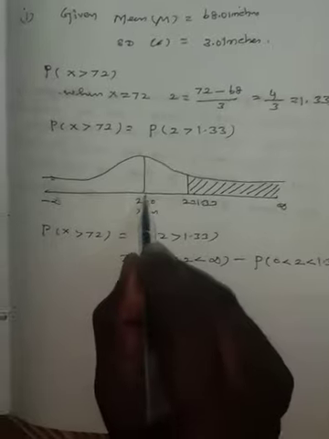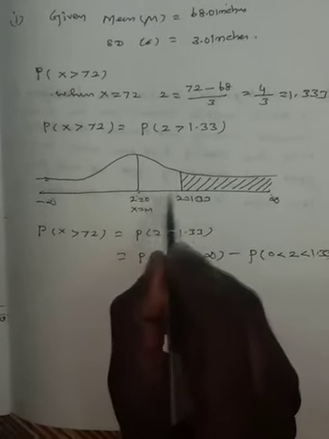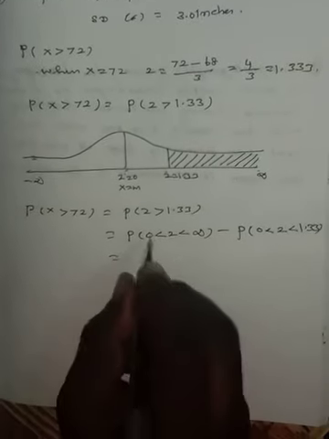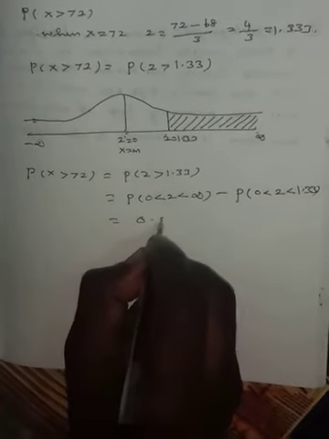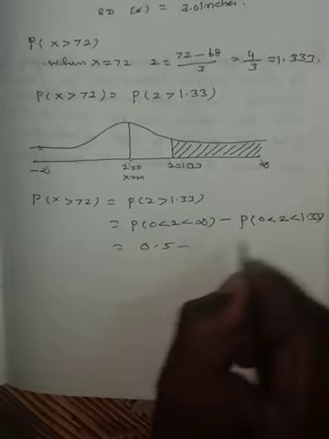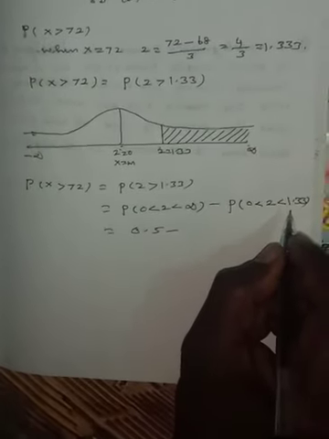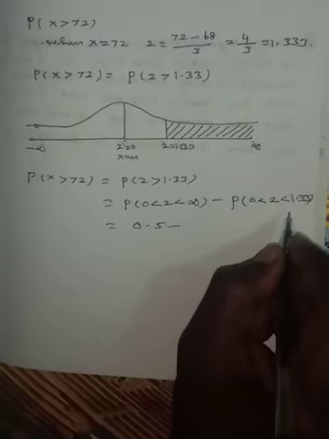The full portion is 0 to infinity minus 0 to this, the empty space gives this result. It is equal to 0.5 minus, using the normal distribution table, the value for 1.33, which is 0.4082.